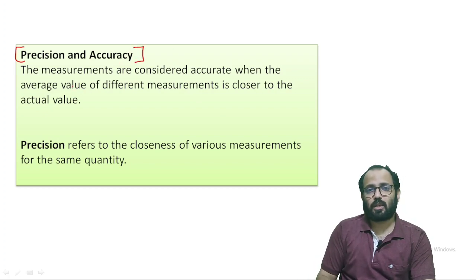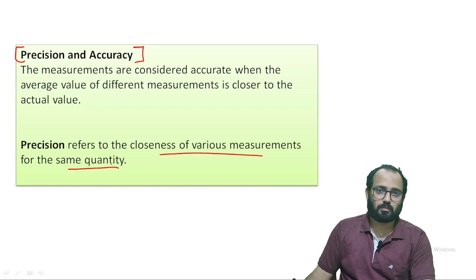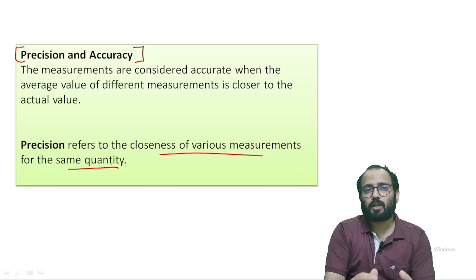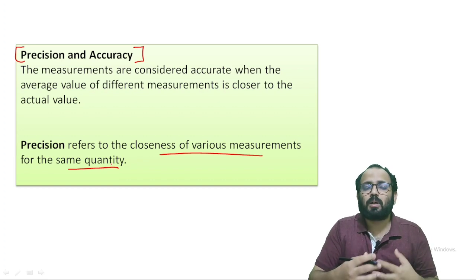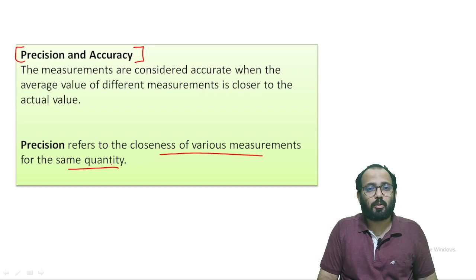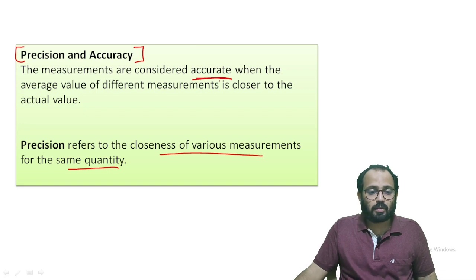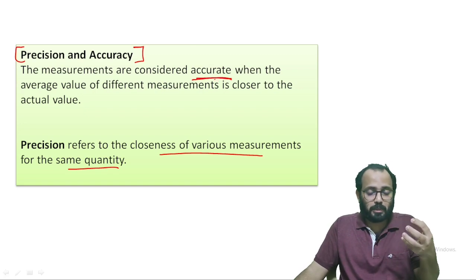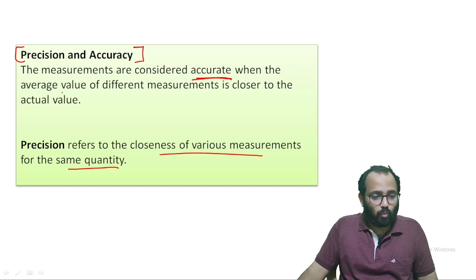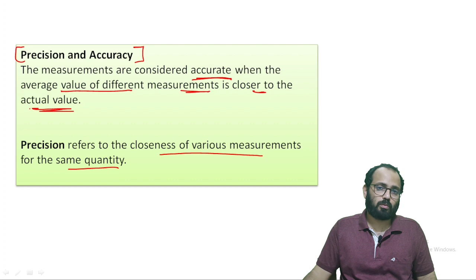What is precision and what is accuracy? You should know about this too. Precision is the closeness of various measurements for the same quantity. Let's say we are measuring a particular quantity multiple times. If the measurements come close to each other, then we can say these are precise measurements, but that is not necessarily accurate. A measurement is considered accurate when the average value of different measurements is closer to the actual value.